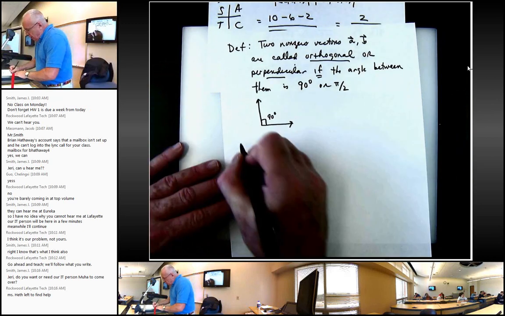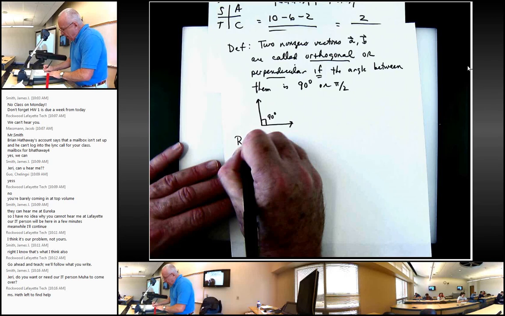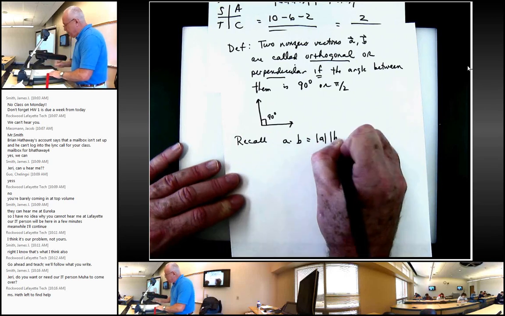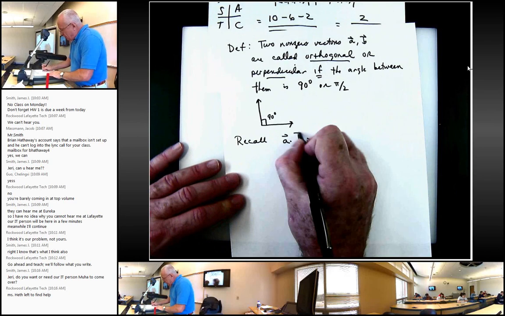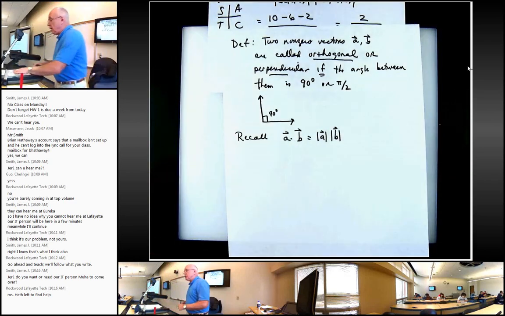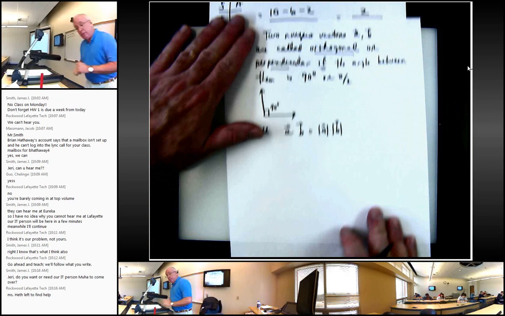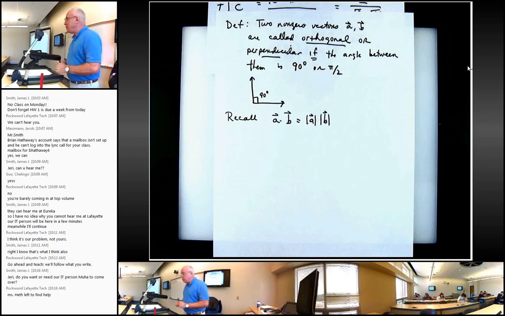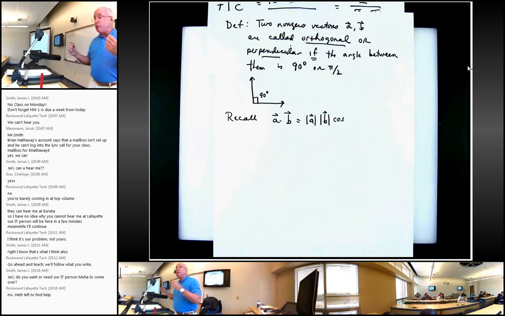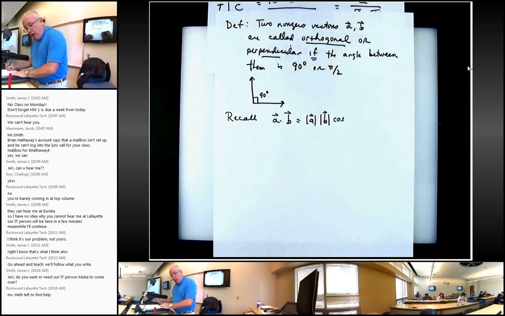So recall, A dot B is the magnitude of A times the magnitude of B. I may not always remember to put all these little arrows on top of things. That can be a little tedious sometimes when you're writing quickly. And remember, it's times the cosine of the angle.